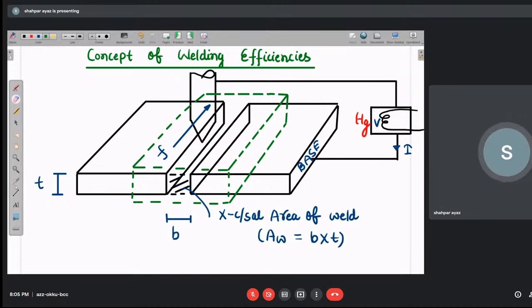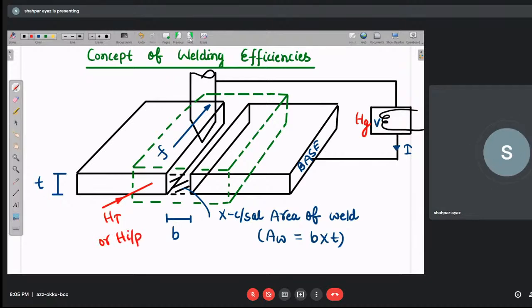This system is called your welding zone, welding position. So you have generated this amount of heat, but the amount of heat transferred to this thermodynamic system is called your HT, or your heat input, right?